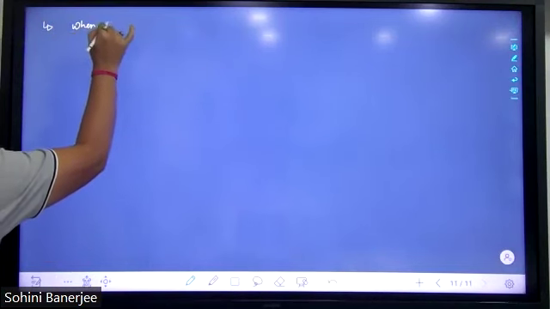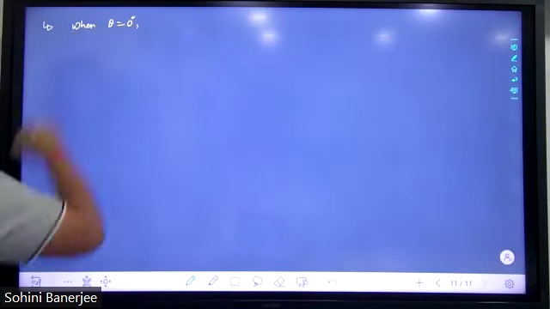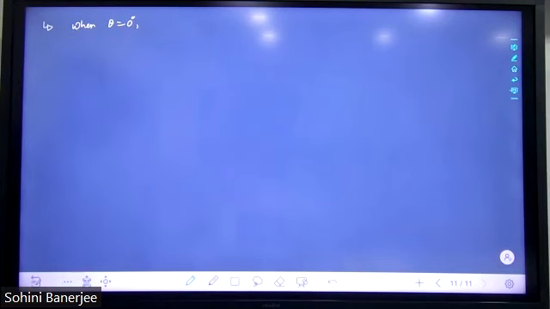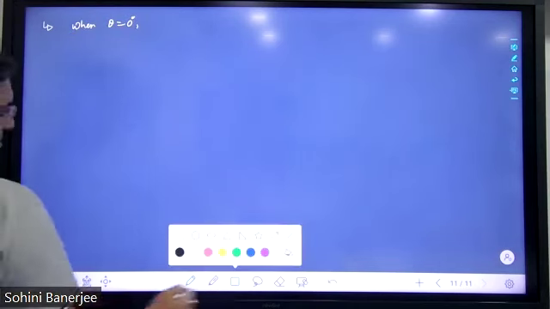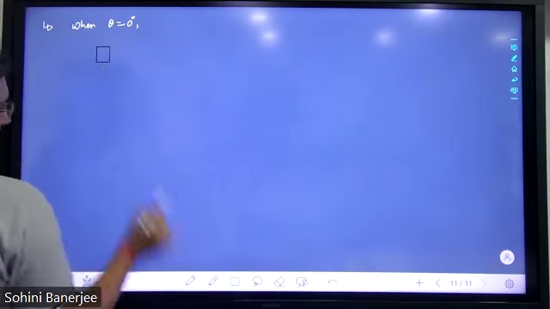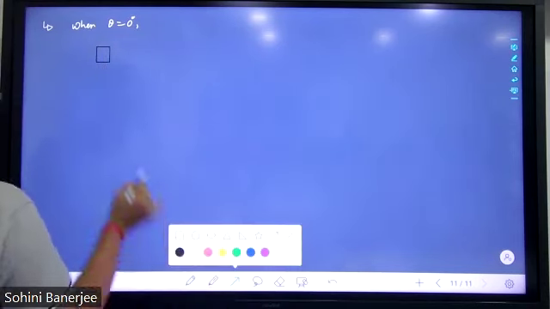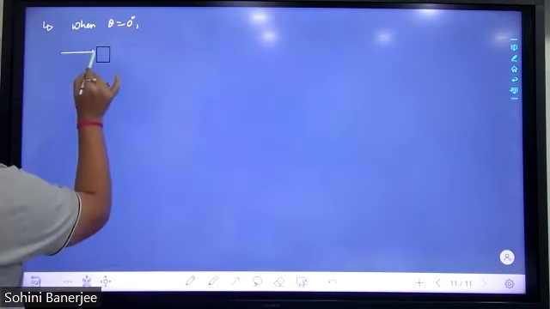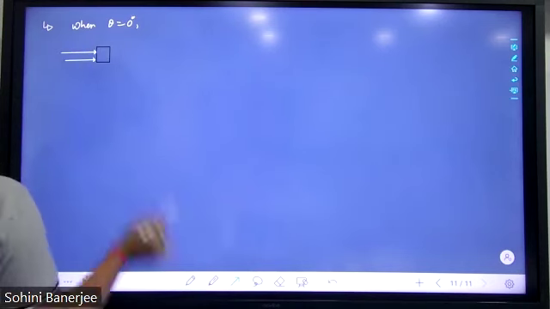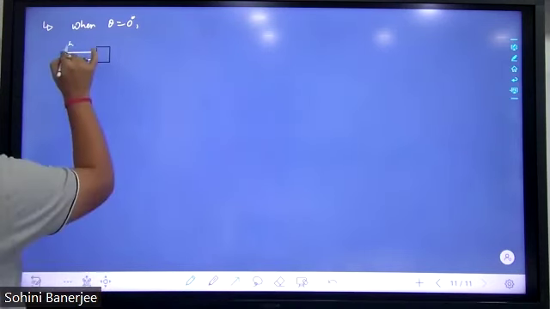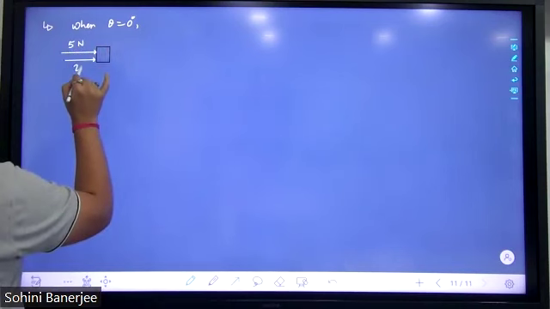So when theta equals 0 degree, what does it mean practically? Say this block is applied with two forces, 5 Newton and 2 Newton.